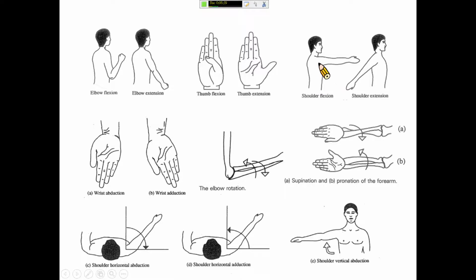If this arm is swinging this way, yes, if you think that the angle is here, it's flexion. But if you think the angle is this, you are actually increasing the angle, right? If the arm was here, and then now you move it up, so you are increasing this angle.